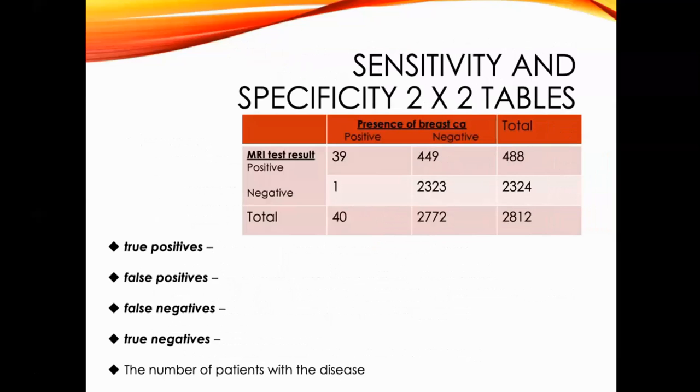Okay, now we're going to identify the true positives, box A, 39, the false positives, box B, 449, the false negatives, box C, 1, the true negatives, box D, 2323, and then the number of patients with the disease, which is A plus C, 40.